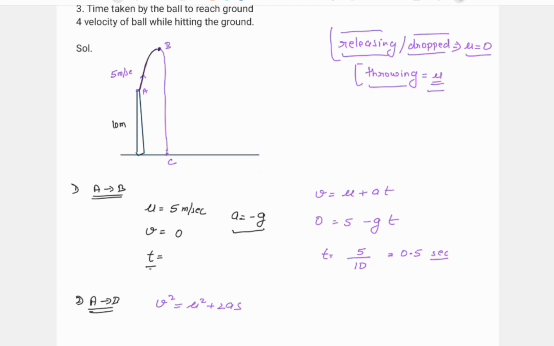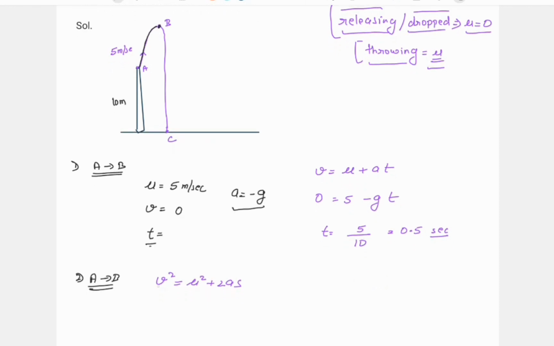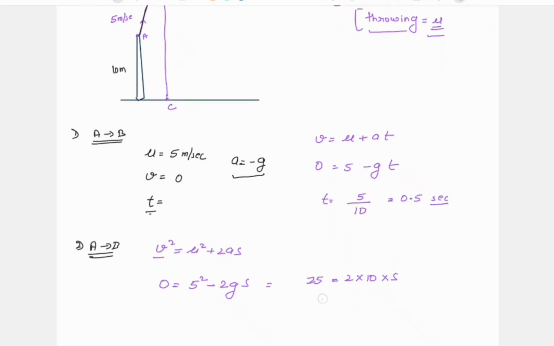I am discussing the distance between A to B. The final velocity is 0, initial velocity 5 square, minus 2gs. s is the distance between A to B. Now put the values: 25 is equal to 2 multiplied by 10 multiplied by s. From here you will get s equal to 25 divided by 20, which equals 1.25 meters. This is the distance between A to B.